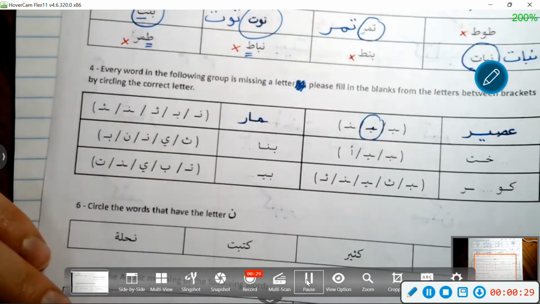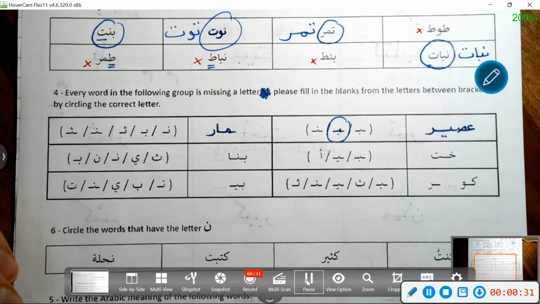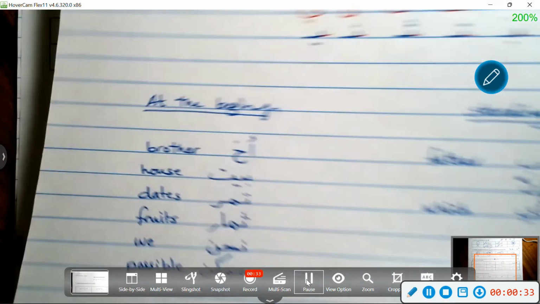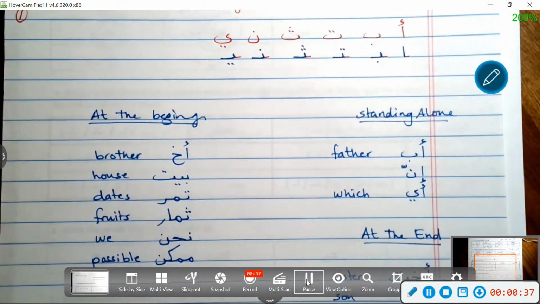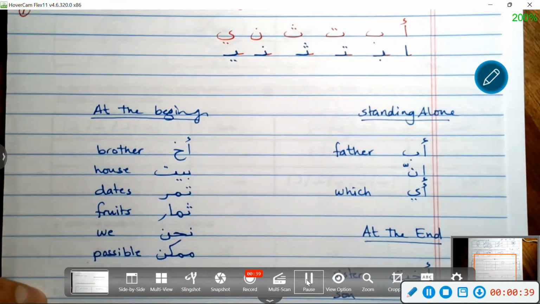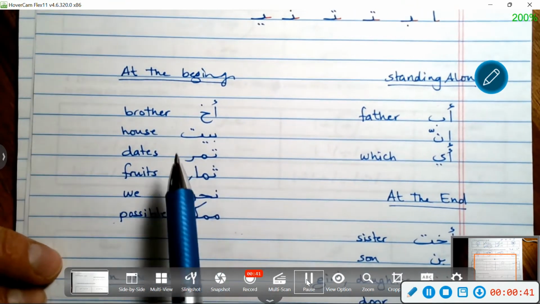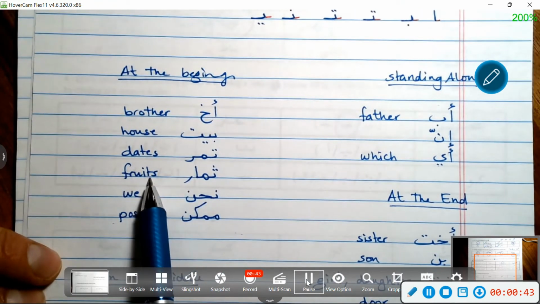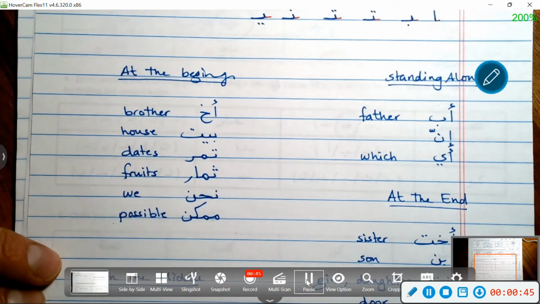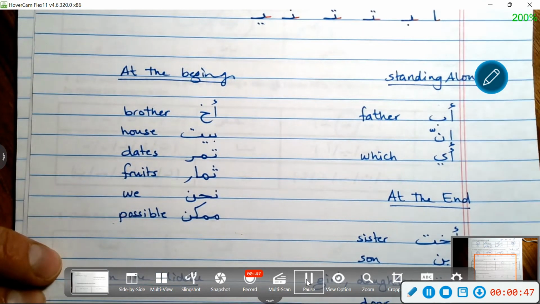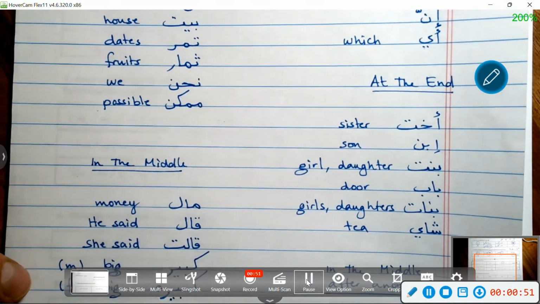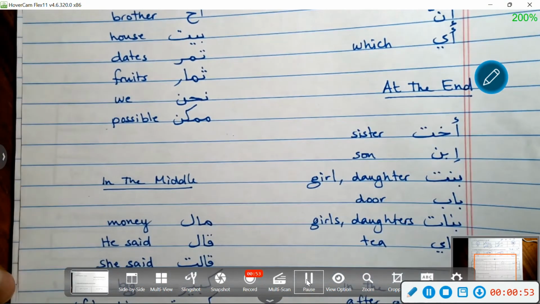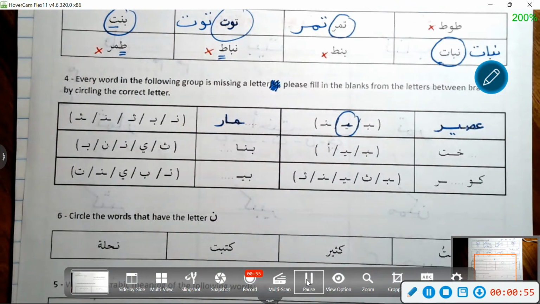So we go back here, and if you remember, we studied this word in lesson number 1, when we started connecting letters together. This is thimar, fruits. So all the words that are in the test were studied in lesson 1 of connecting letters.